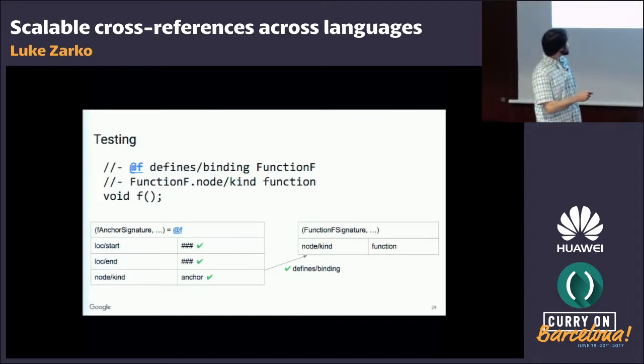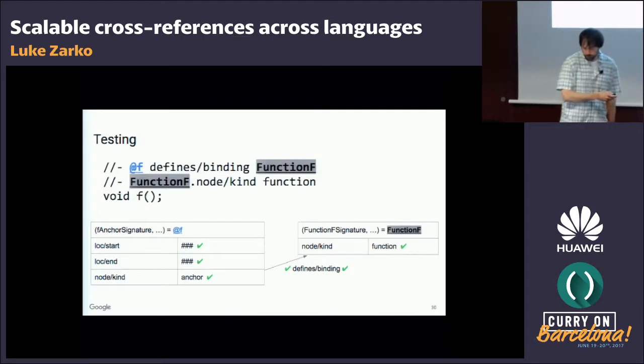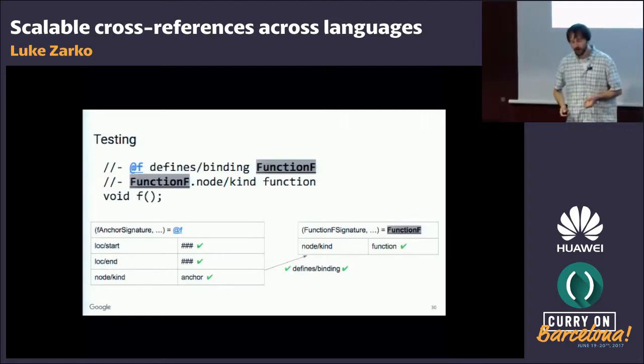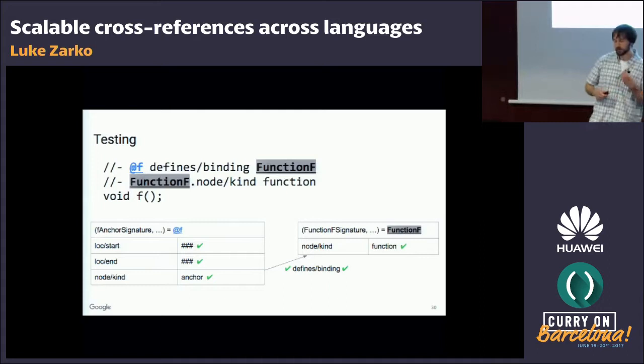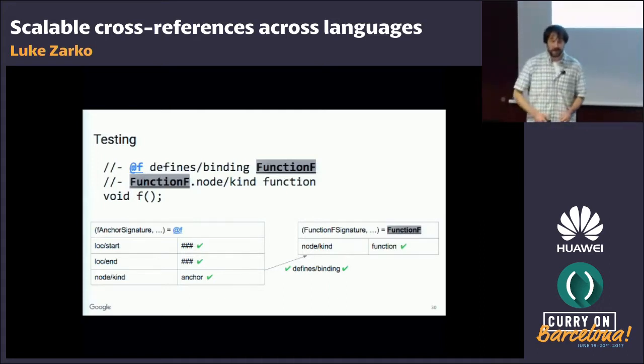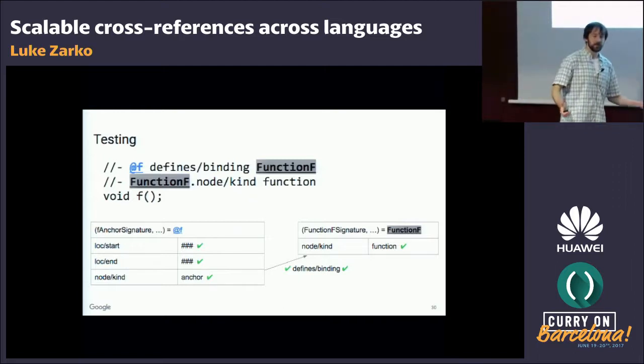Because it has this edge, and because it has this source, it can try to unify or assign this function variable to this node. And as it turns out, it gets it right. If it gets it wrong, it does kind of the obvious, or maybe not so obvious, backtracking thing, where it keeps trying to find satisfying assignments for all of the logical variables in your test. If it can, then the test passes. If it can't, then the test fails.